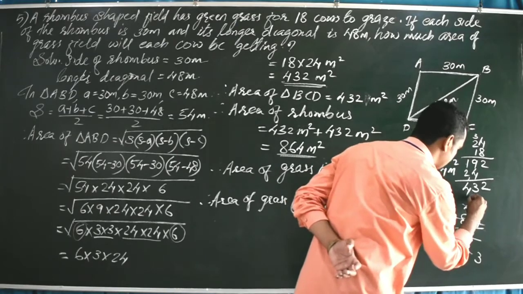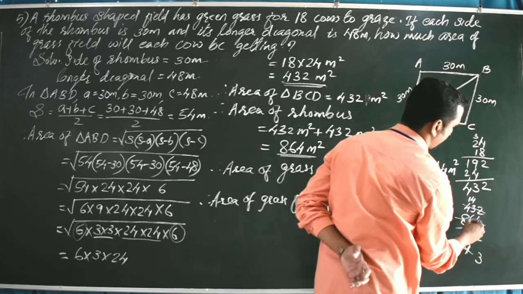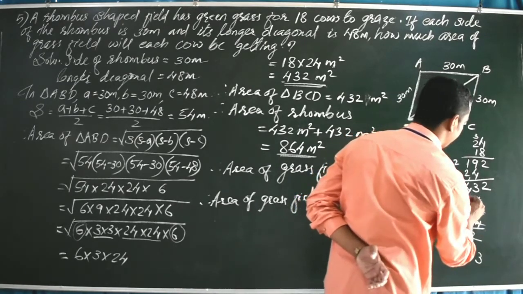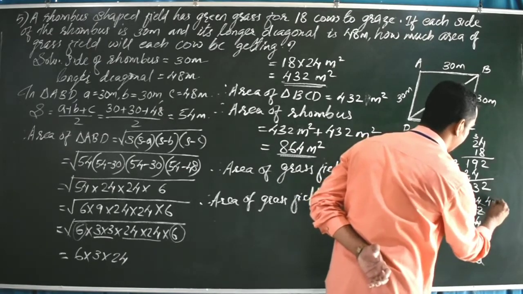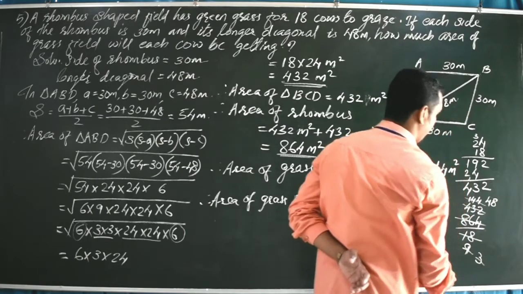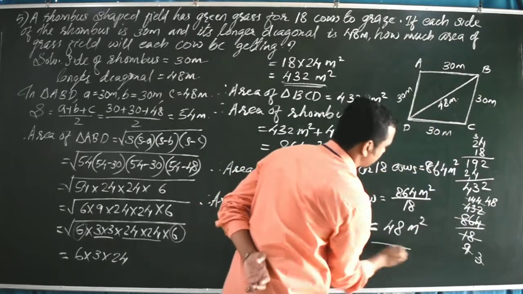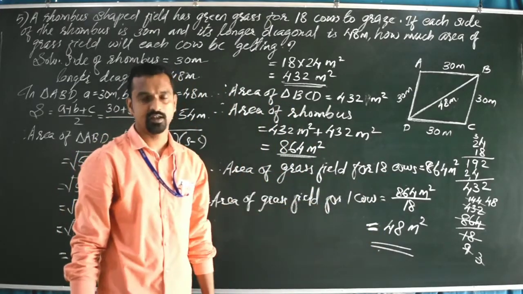Here also divided by 3. 3 1s are 3, remainder 1. 13, 3 4s are 12, remainder 1. 144 divided by 3. 3 4s are 12, remainder 24, 3 8s are 24. So what is the answer? 48 meters square. So area of grass field for one cow is equal to 48 meters square.